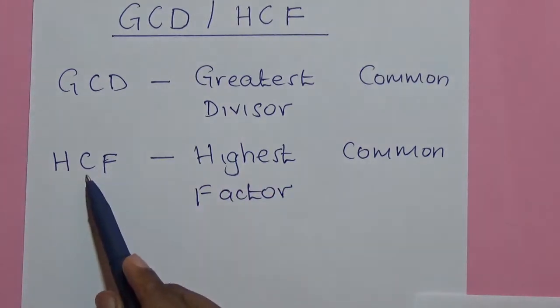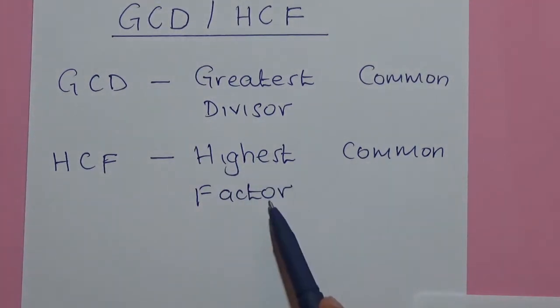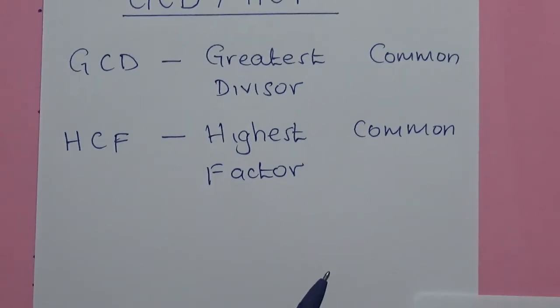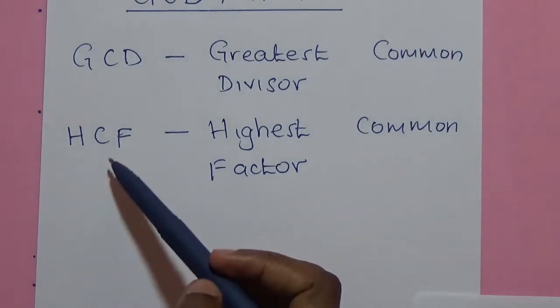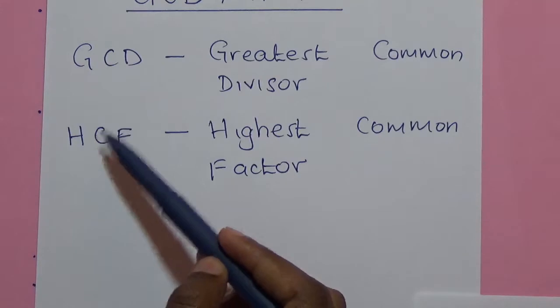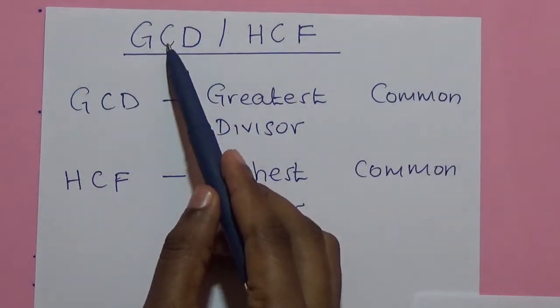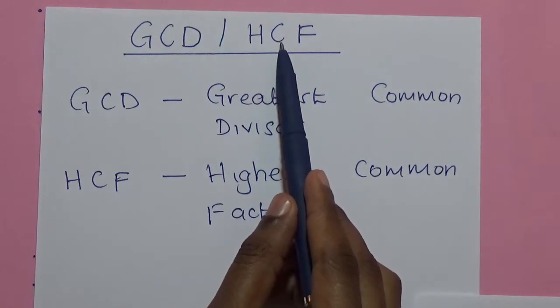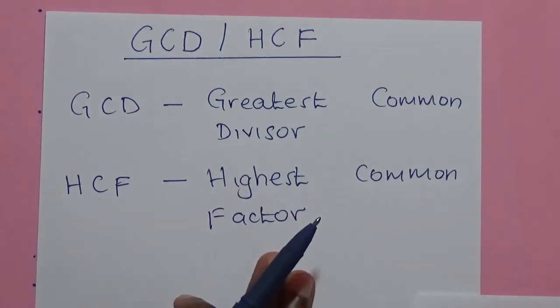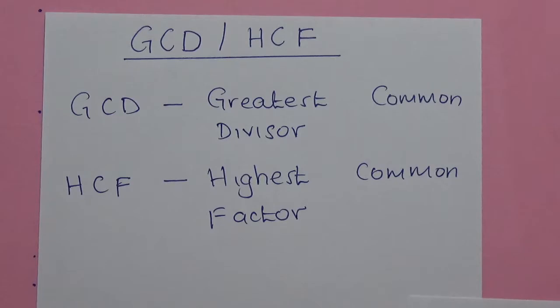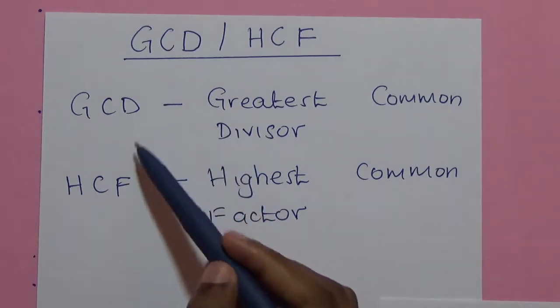So HCF means highest common factor. Now what I want you to know is that GCD and HCF are the same. Whether you are told to find GCD or you are told to find HCF, the method is the same. We look at an example so that we can know how to calculate them.